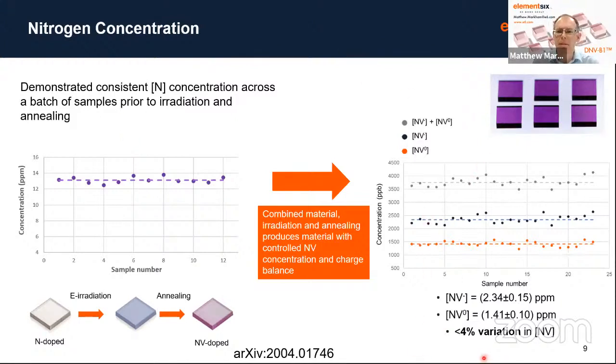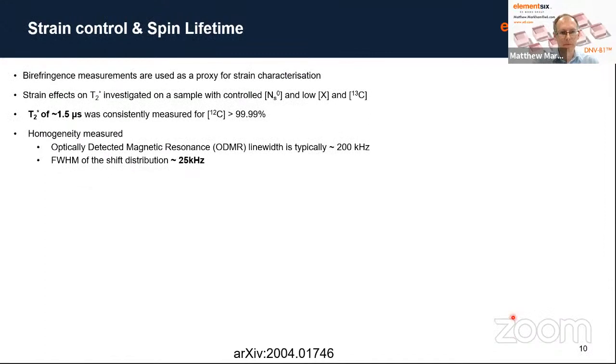That had about 4% variation across this large batch of 24 samples. The idea is to make this process as consistent as possible, so when we supply material, we're able to do it in volume.